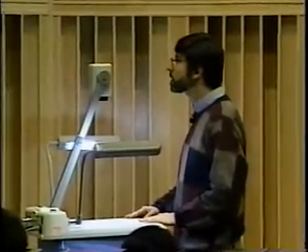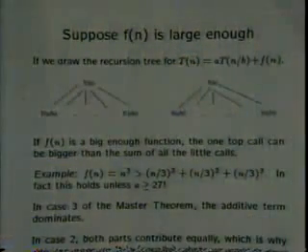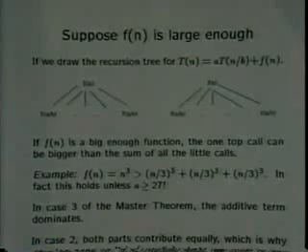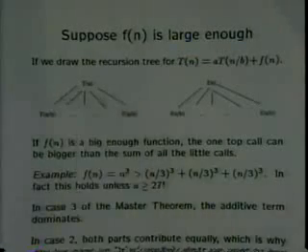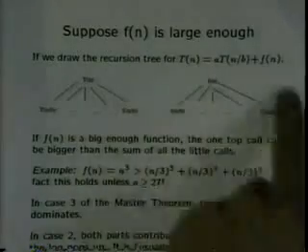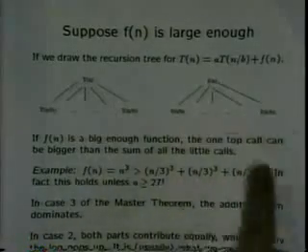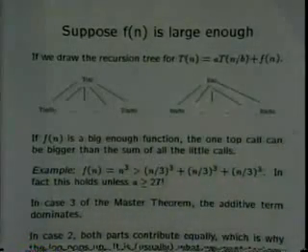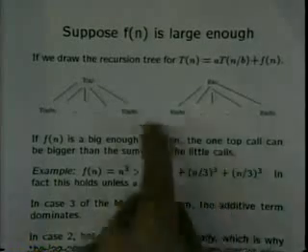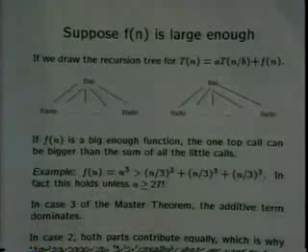Now, let's take the other case, which is case 3 of the recursion. Suppose f sub n is so big, bigger than our magic number. If we draw the recursion tree, let's look at what's going to happen. If f sub n is big enough, at one point the value of the stuff that we're adding is going to be bigger than the stuff of the leaves. That's clearly true. If we have a big enough function, all we have to do is worry about this part.